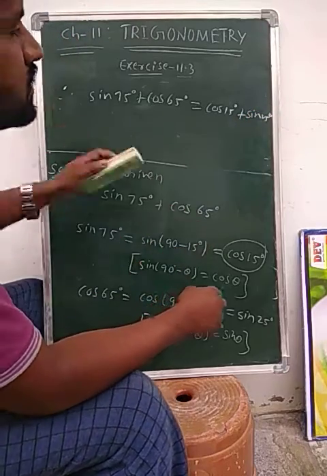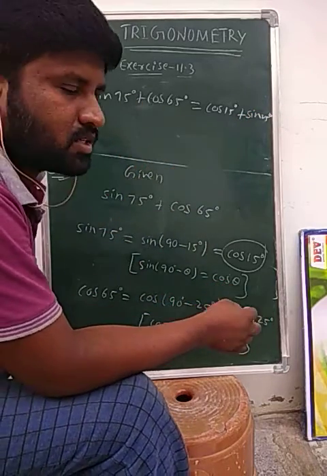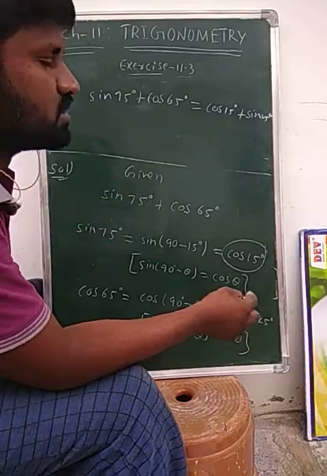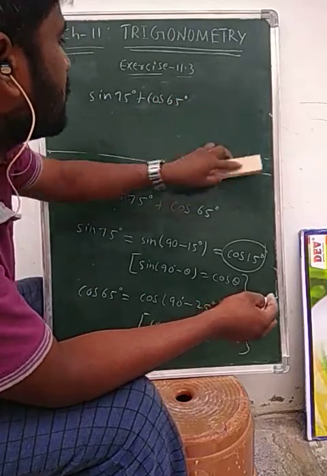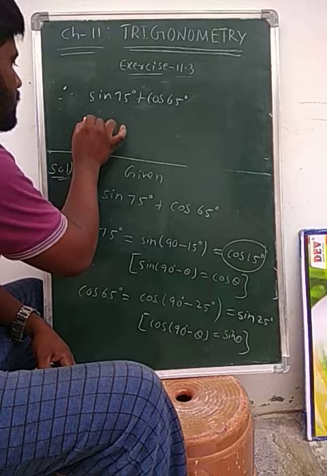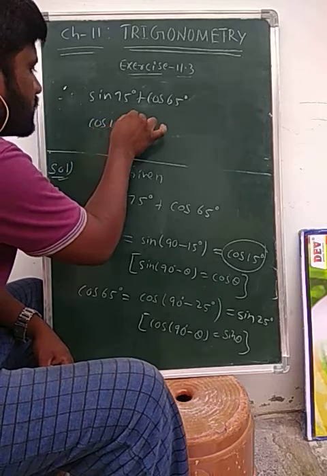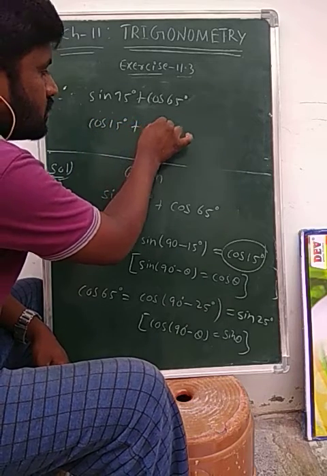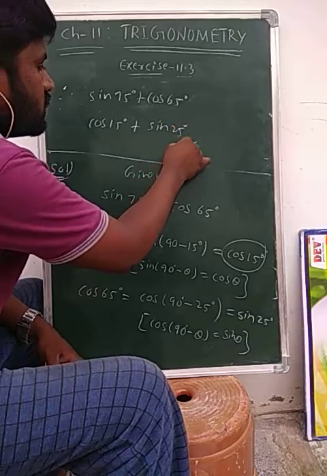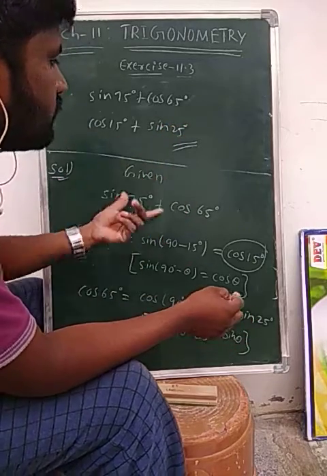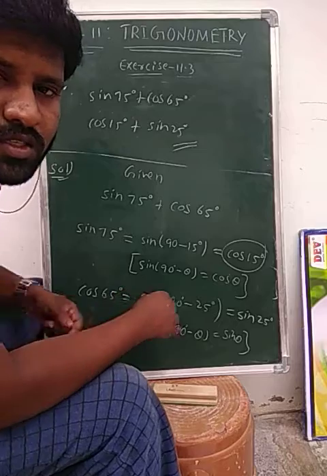Okay, so this is the required answer for this question. We can express this one like this: cos 15 degrees plus sin 25 degrees. Okay students, thank you.